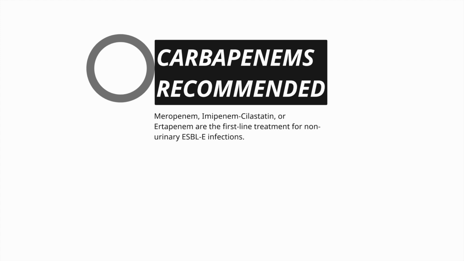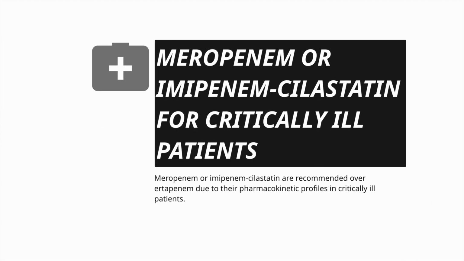Just a reminder, even if it is a urinary tract infection or pyelonephritis, carbapenem is to be used if the patient is critically ill. In those cases, you are not supposed to use fluoroquinolones or trimethoprim sulfamethoxazole. So, meropenem and imipenem for critically ill patients. If the patient is critically ill, do not give ertapenem, go for meropenem and imipenem.